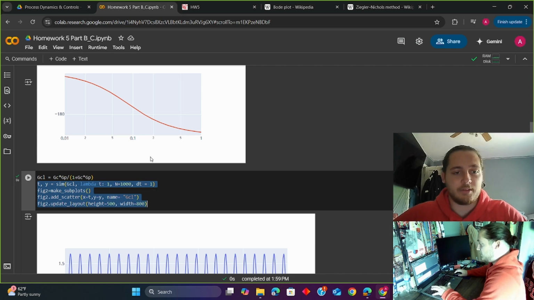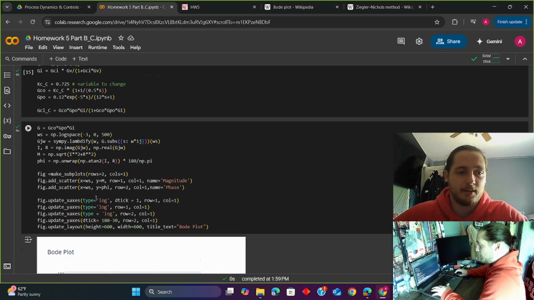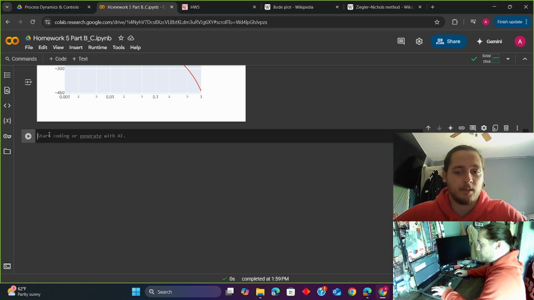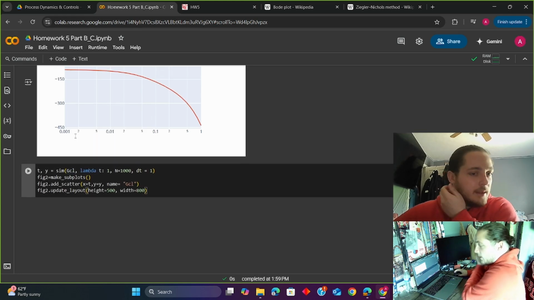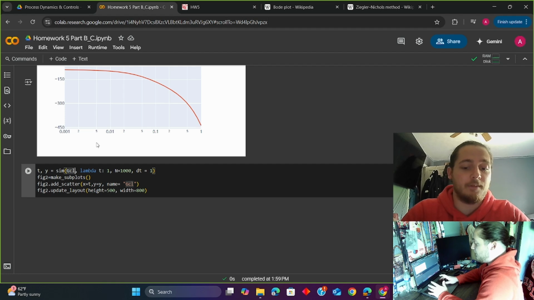We can hit Control C, come back down here, Control V, paste that in. And what we need to update here is our closed loop function. So we're going to make this _C, which we had denoted above. And then for our name, we can go ahead and change this as follows. And then we can hit Shift Enter.